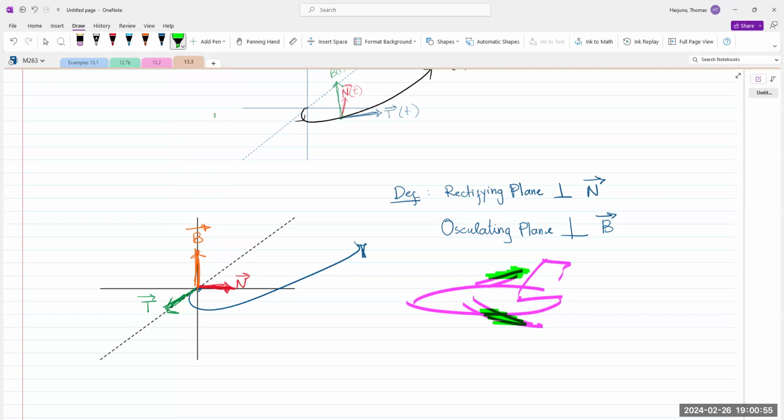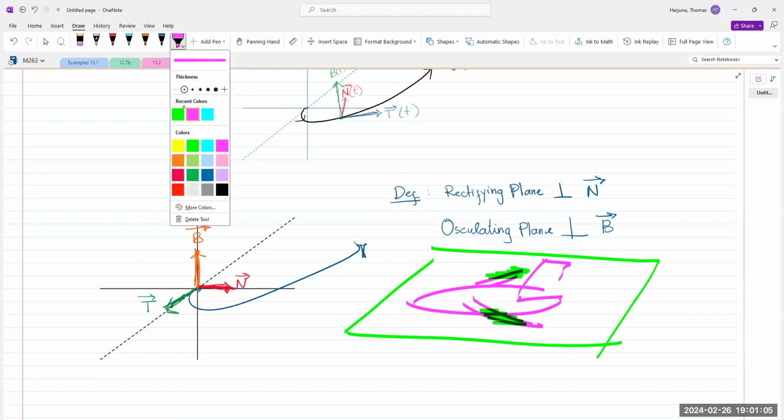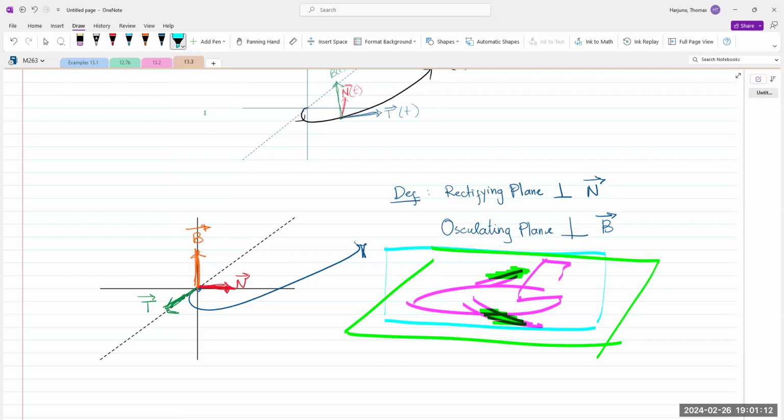Okay, so this is the osculating plane. The rectifying plane is this one. Okay, so the rectifying plane helps the plane turn left or right. The osculating plane helps the plane go up or down.